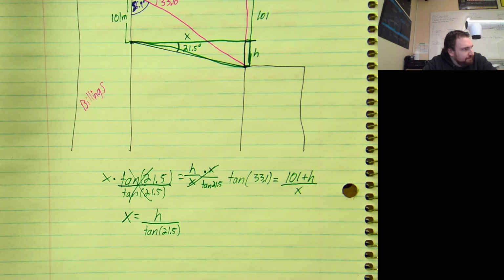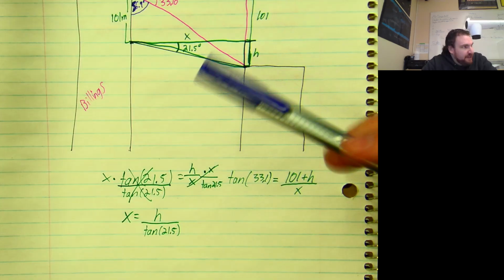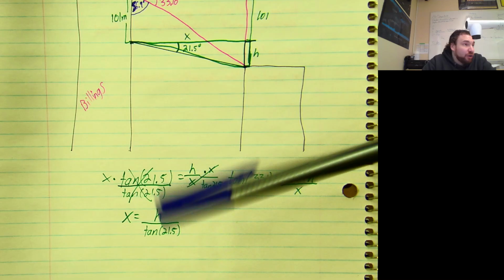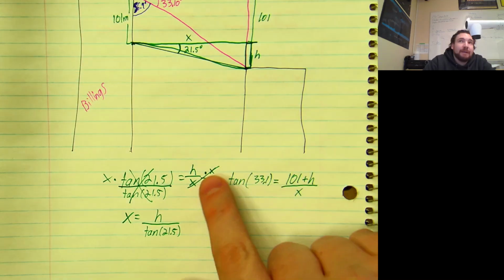Okay. If you remember the equation that we started with, tan 21.5 equals h over x. What James said he wanted to do was isolate for x. I want to get x by itself, and not only by itself, but also in the numerator. Because it's in the denominator over here, I need to multiply both sides by x.